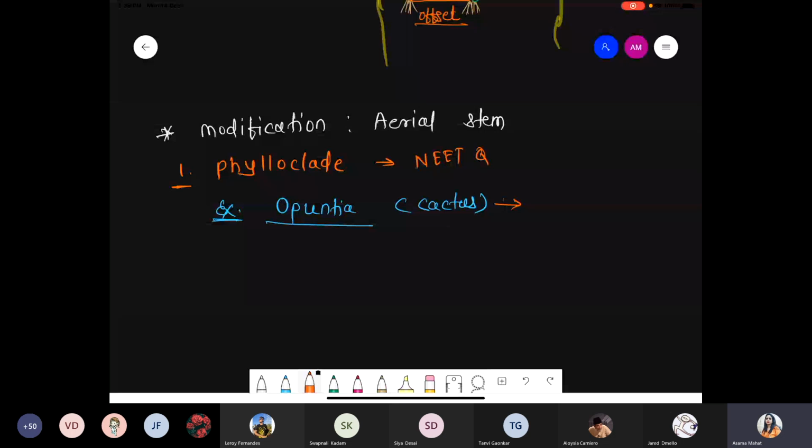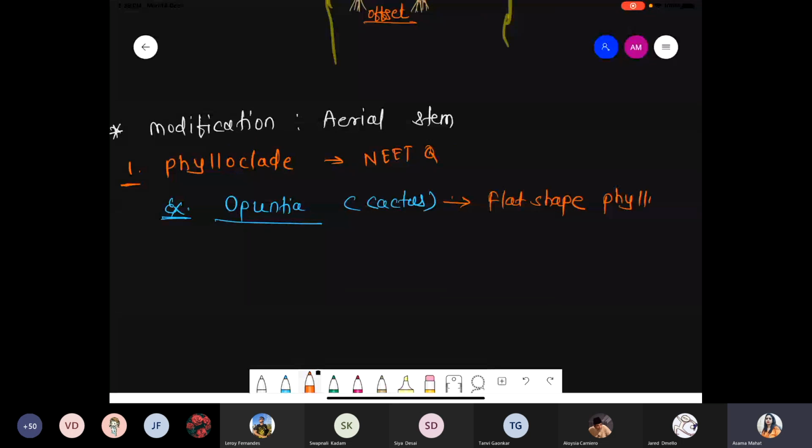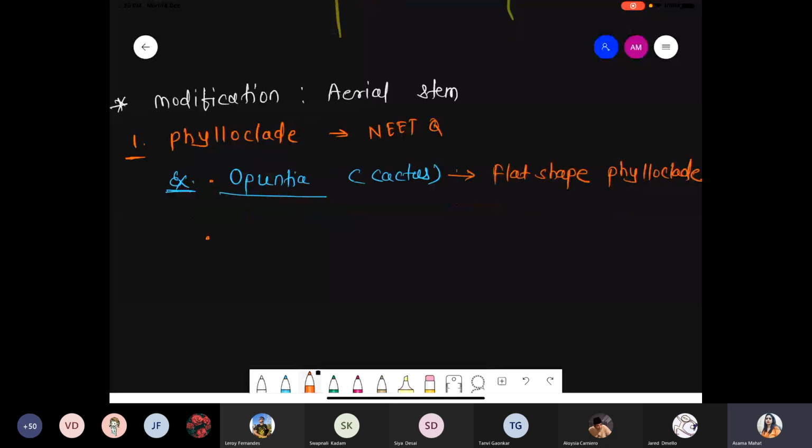We'll discuss the meaning of phylloclade, but first we write down the examples. First example, Opuntia, common name cactus, and inside the cactus, phylloclade is present, which is one type of aerial stem modification, but the shape is flat.